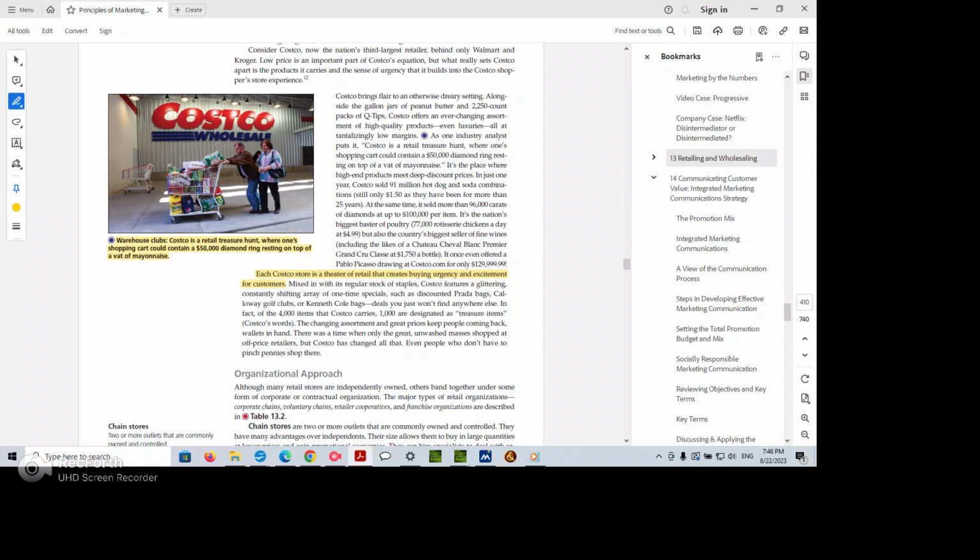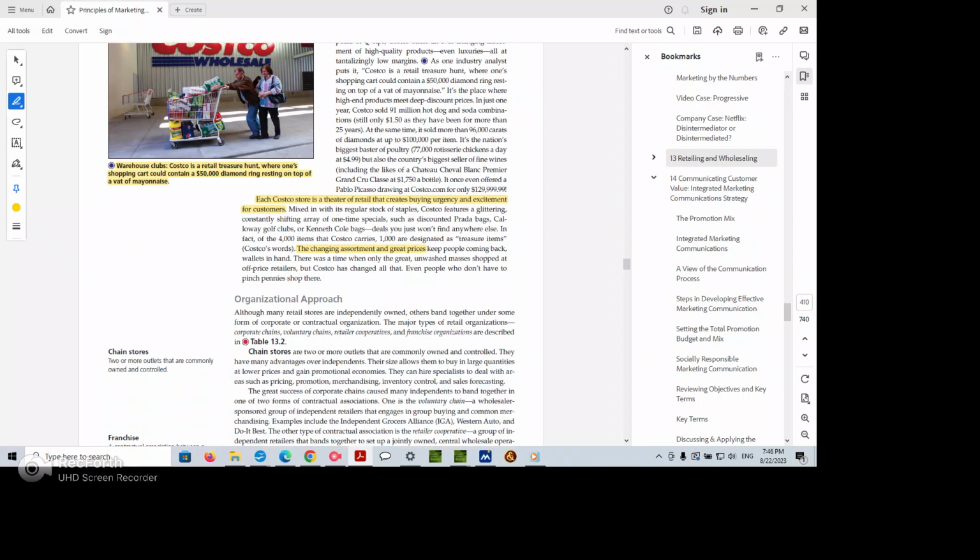The changing assortment and great prices, people keep coming back with wallets in hand. There was a time when the great unwashed masses shopped at off-price retailers. But Costco has changed all that. Even people who don't have to pinch pennies shop there. Well, what's wrong with getting a good deal, right?